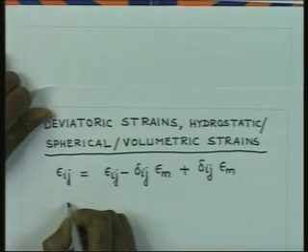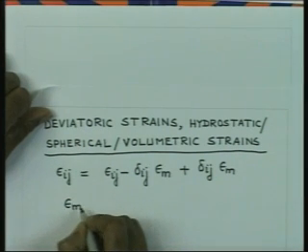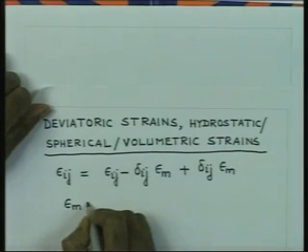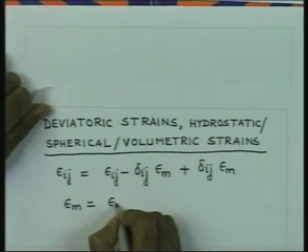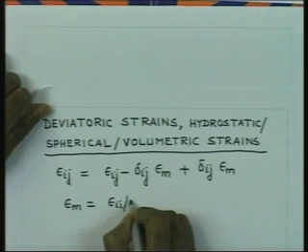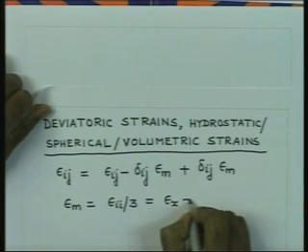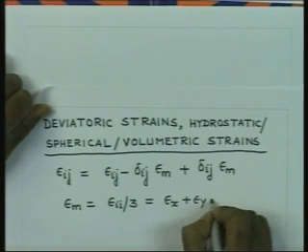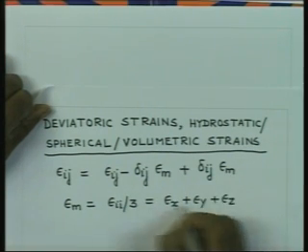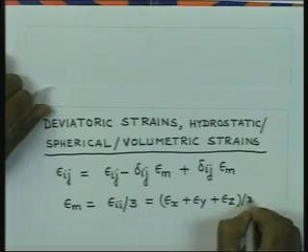This epsilon m is nothing but the mean normal strain, and this is given by epsilon ii by 3, and therefore, this is nothing but epsilon x plus epsilon y plus epsilon z divided by 3.